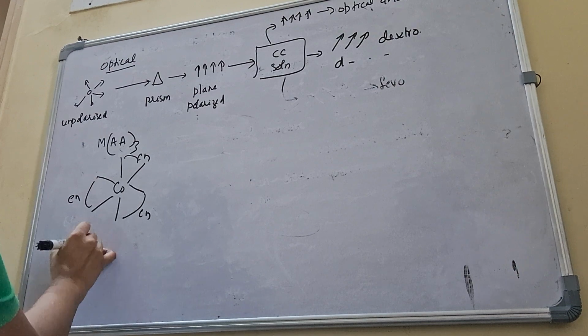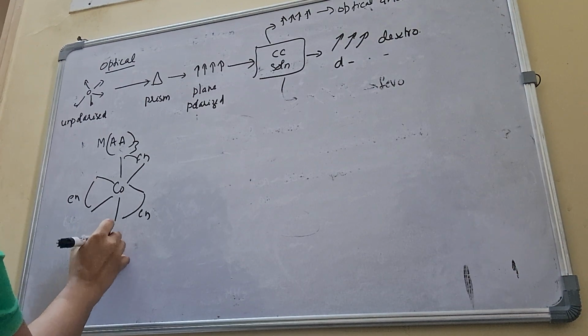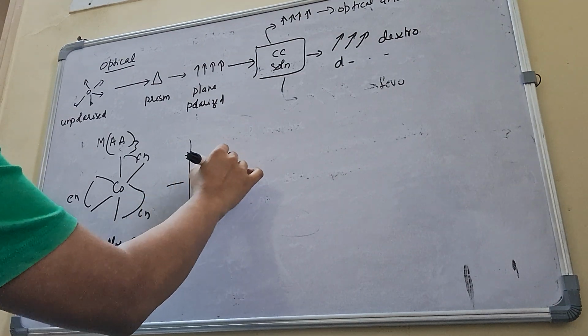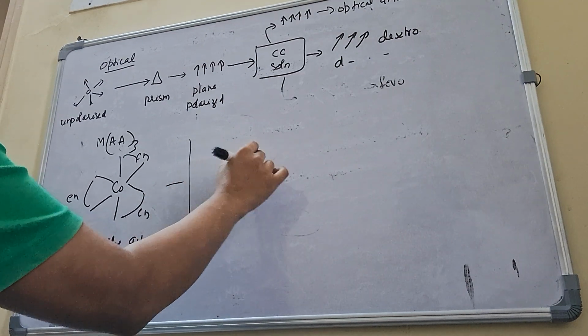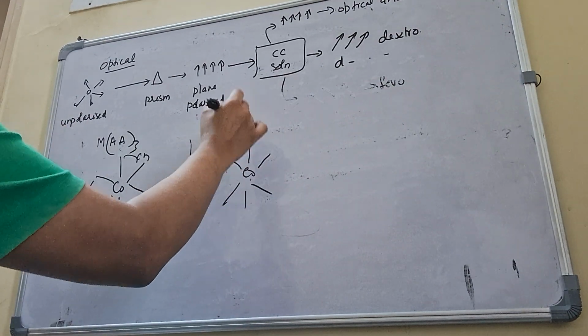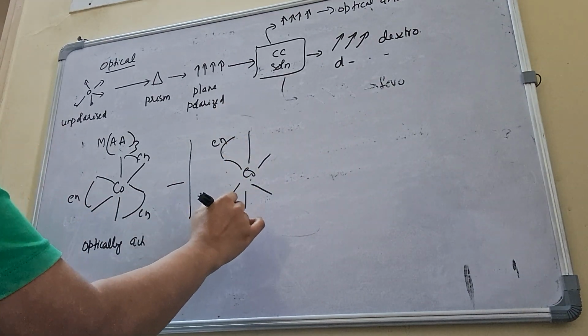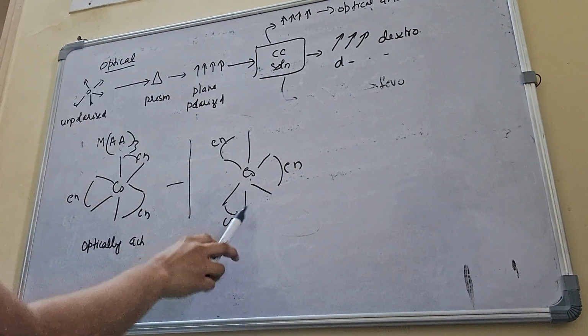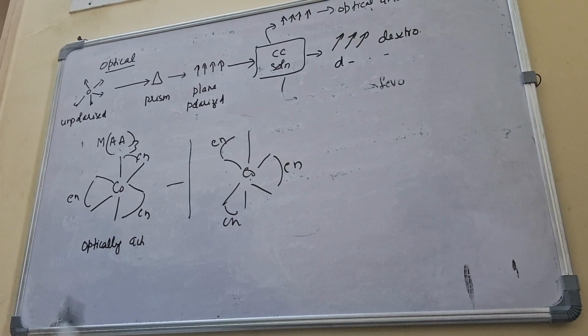So definitely this is non-superimposable, so optically active. So what will be its mirror if you write? It will be something like this, Co. If you just mirror it, how does it look? This part will be shifted here, correct? So this will be en, this will be en, this will be en. If this is dextro, this will be levo. That means it's optically active.